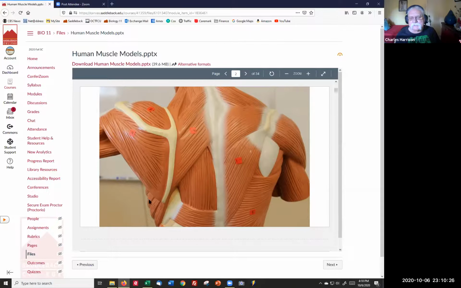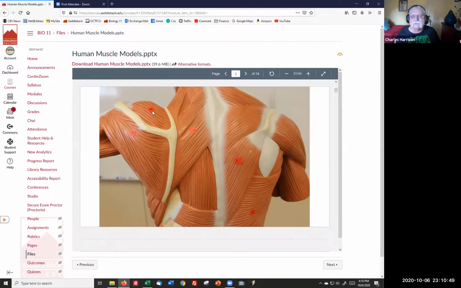It's labeled elsewhere, but this is the serratus anterior. The rhomboides. This is also rhomboides, major and minor. You just know it by rhomboides.